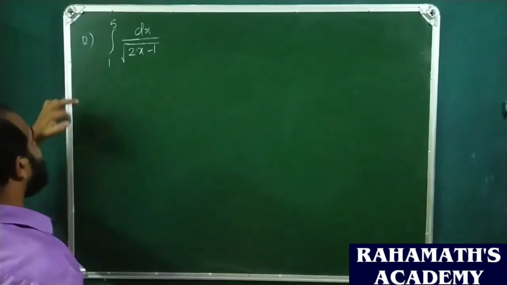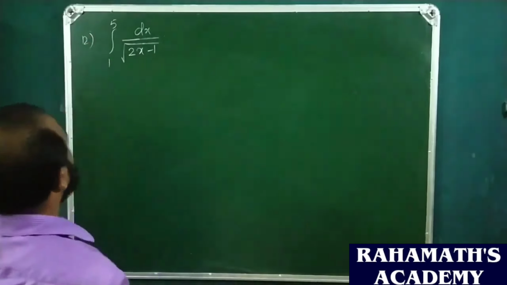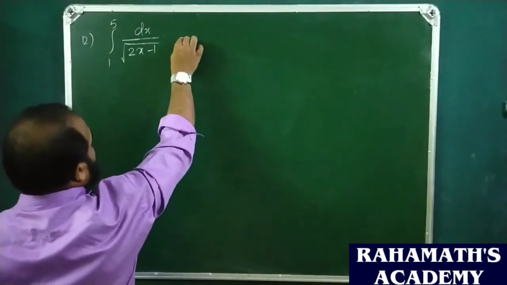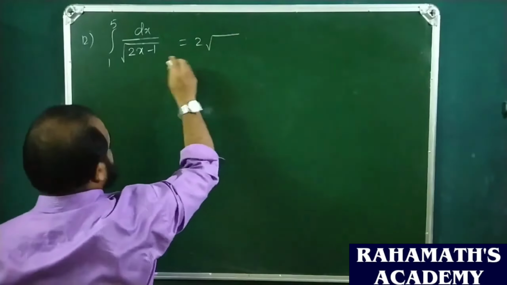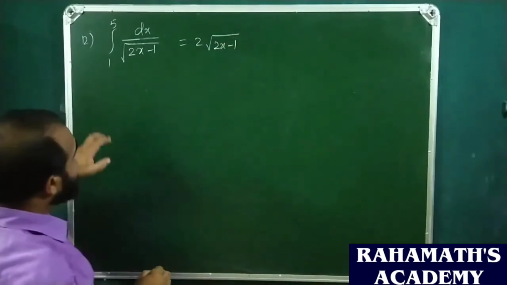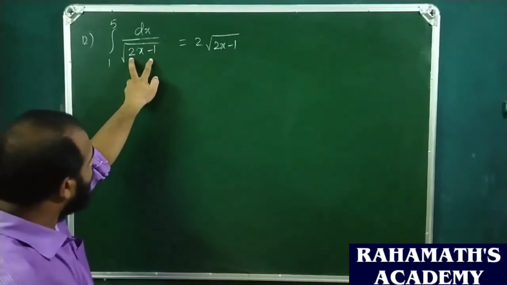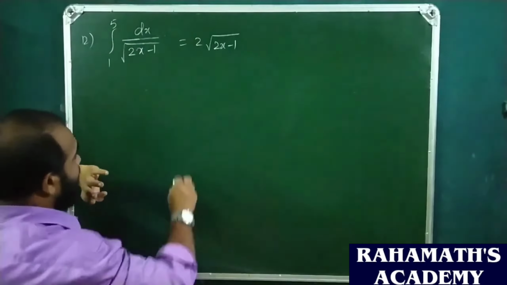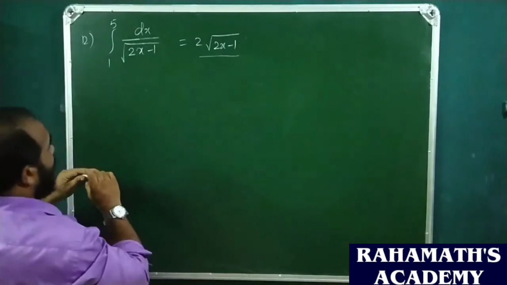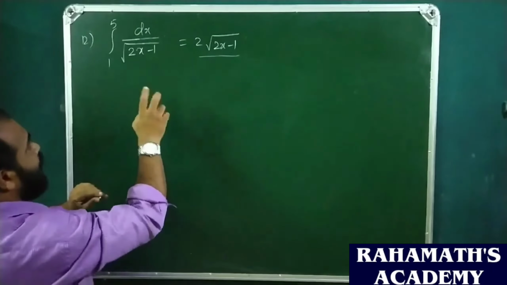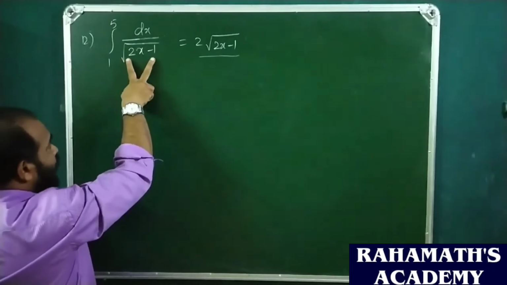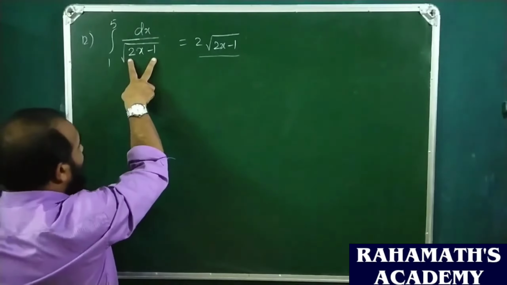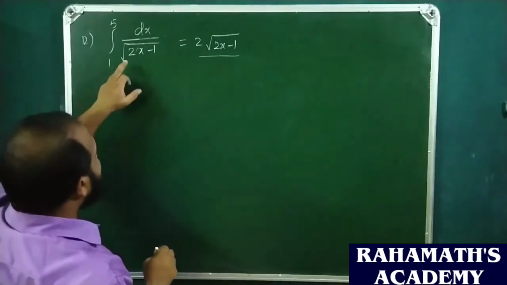The next question is integral 1 to 5 dx by root 2x minus 1. So it is of the form integral 1 by root x, how much? 2 root x, where x is 2x minus 1. Since we have taken it to be x, whatever we have taken to be x, we need to divide it by its derivative.